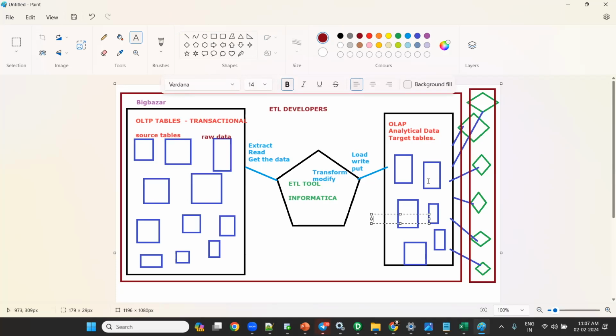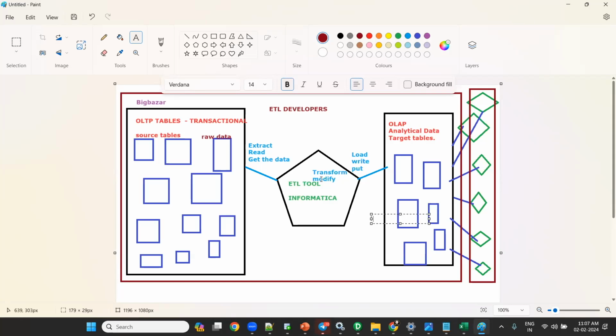I gave a perfect example like a building, correct? Here raw material means the data, transaction data. Their raw material means sand, iron, stone, cement, et cetera.